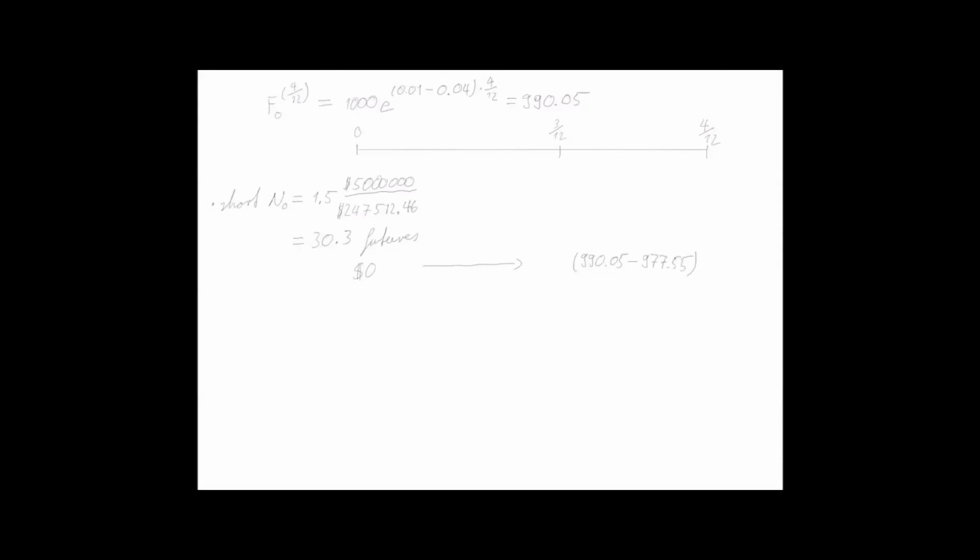And notice that each futures contract is written on $250. We also have to multiply that by the 30.3 contracts which we are actually short selling. So this gives us a payoff in these short futures positions equal to almost $95,000.